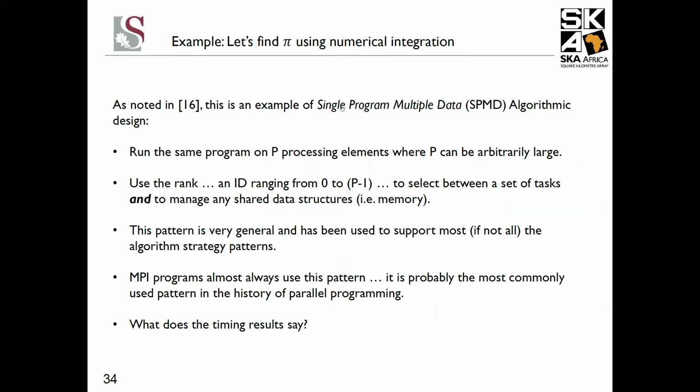This, as I said, is an example of single program, multiple data. We run the same program on P processing elements, and P can be arbitrarily large. That is P threads, right? And we use the rank of the thread to select between a set of tasks: what should it calculate, and where should it store the data?